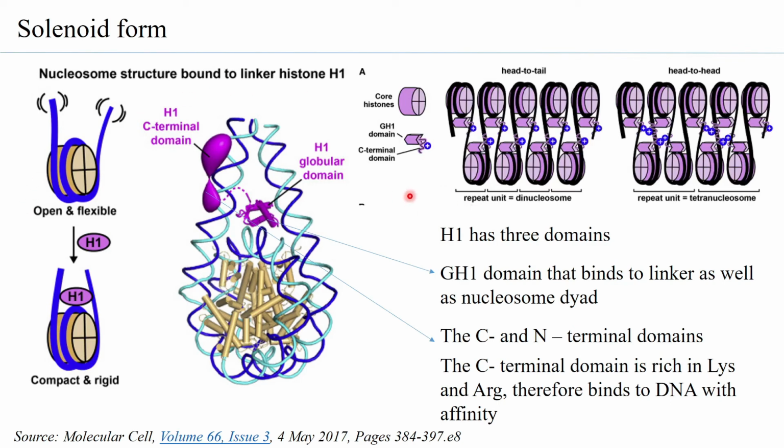Interestingly, what has been observed is that the way the histone 1 is bound to the linker DNA also decides two other things. Suppose this is the GH1 domain and this is the C terminal domain. The C terminal domain having the lysine arginine, there is a net positive charge on the C terminal domain. Suppose you have the histone 1 binding in such a way that this C terminal domain is associated with the tail part. Let us call this the tail part, and let us call this the head part.